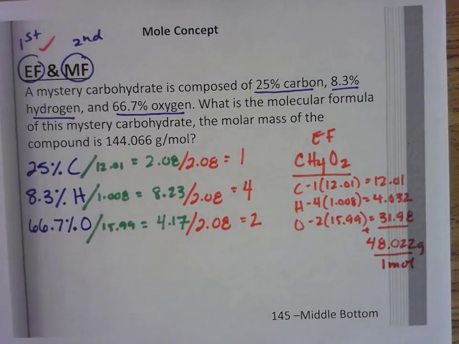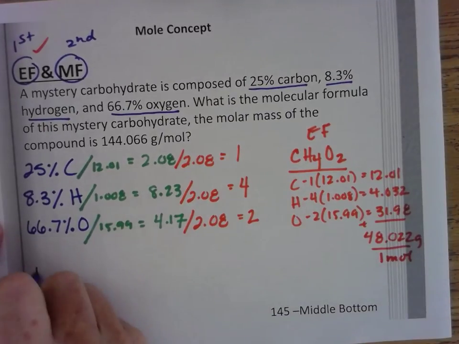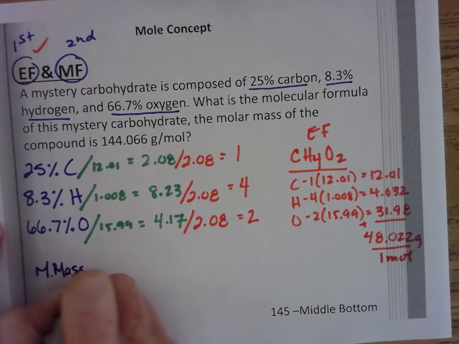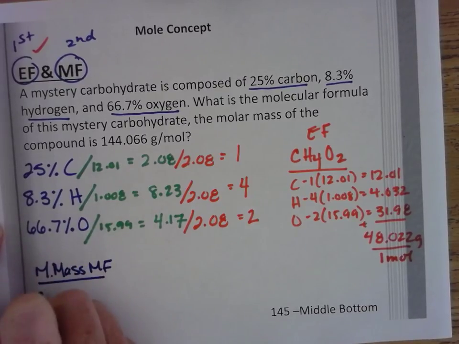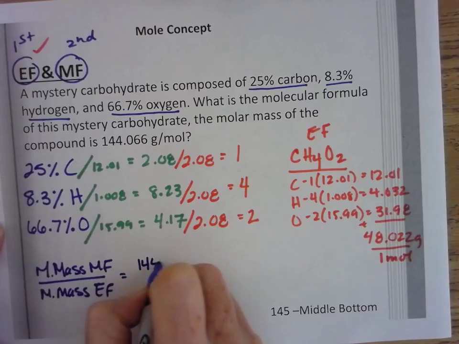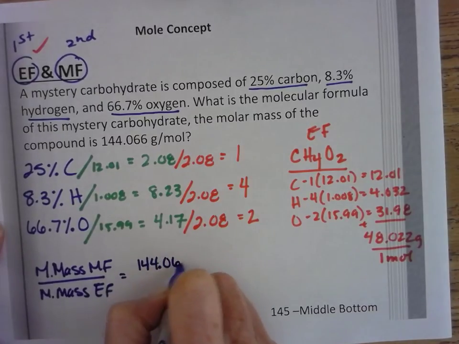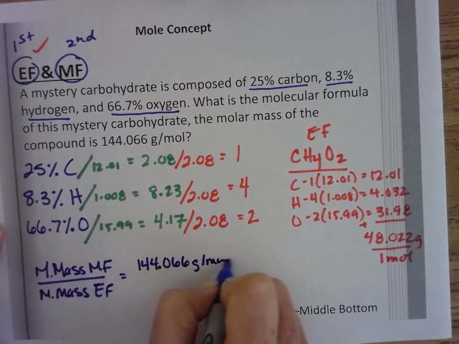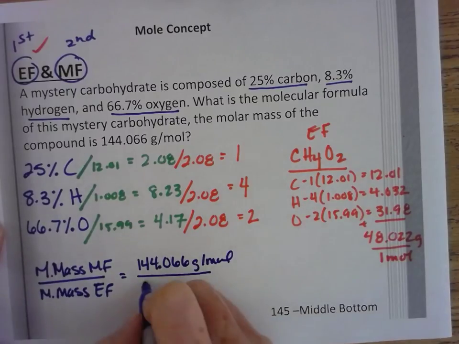The last step is to take my molar mass of the molecular and divide it by the molar mass of the empirical. So I have the molar mass right here of the molecular, that's grams per mole, and divide it by this.